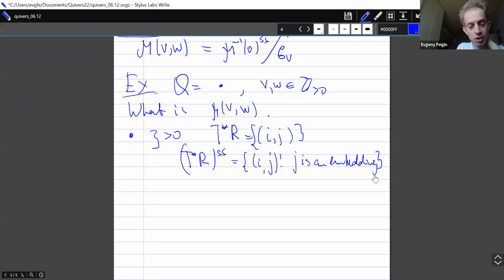So now, what is mu inverse 0 semi-stable? What pairs are we interested in? I, J such that what?